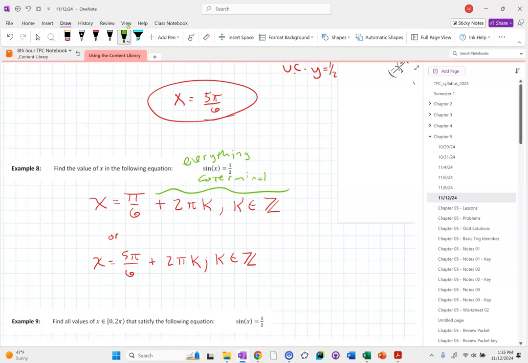So that stuff at the end just means that angle and everything coterminal to it. Just a symbolic way to say that same information. Is everybody okay with that? Okay.